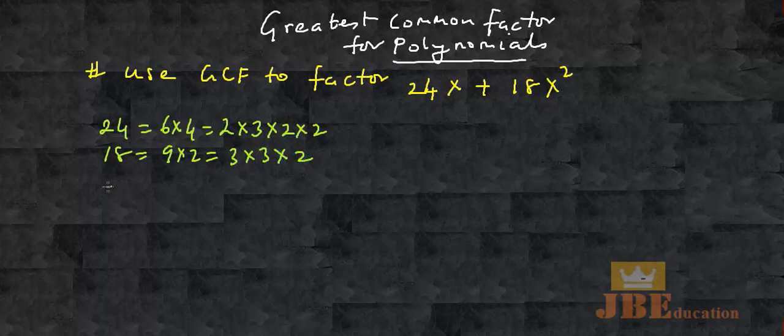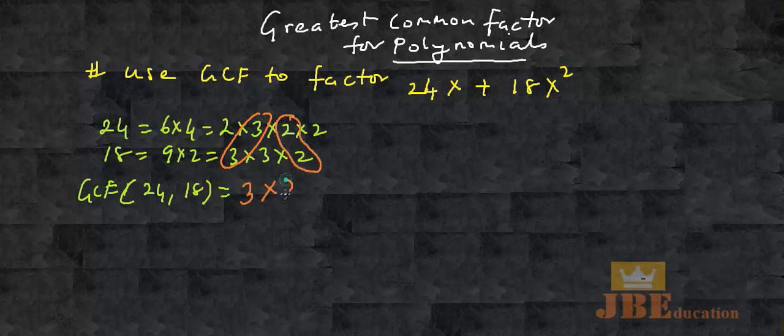Now the GCF, pick up the GCF for 24 and 18. That can be done by grouping the elements. So we have one 3 there, so place a 3 for that, and we have one 2 there, so place a 2 for that. So that's going to be 6.